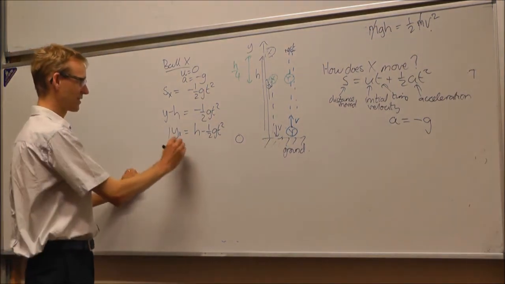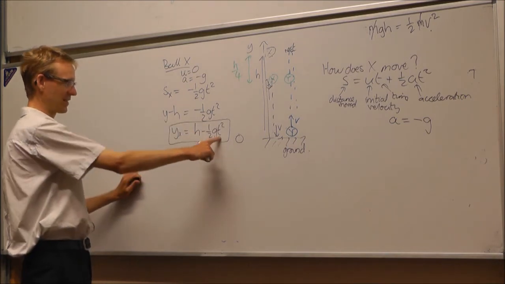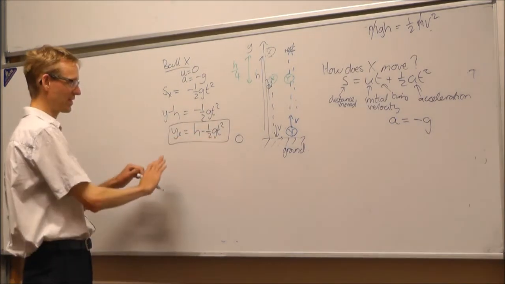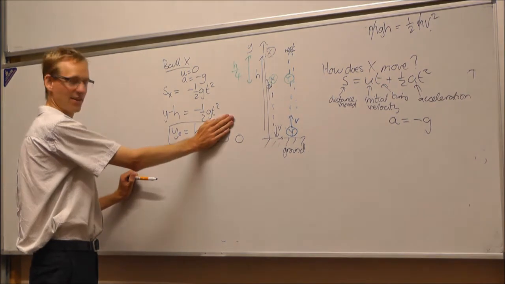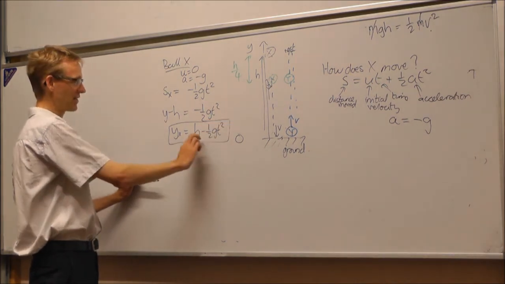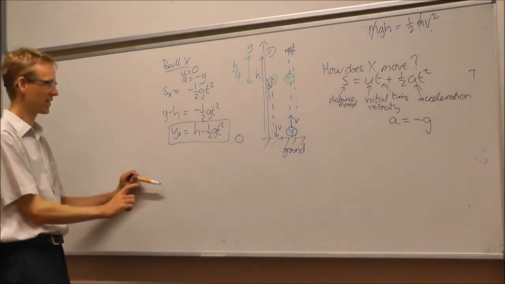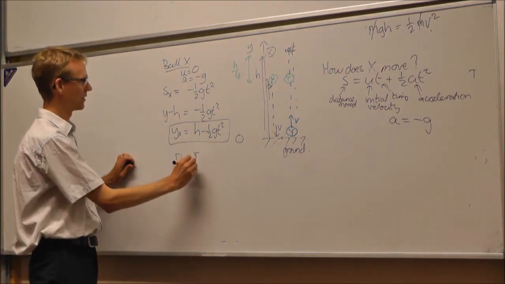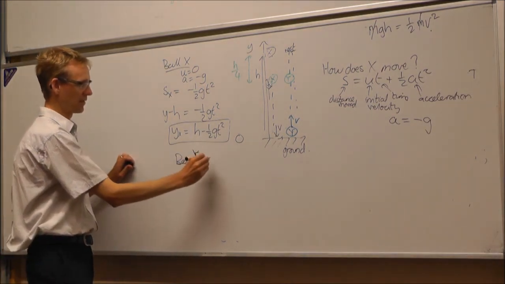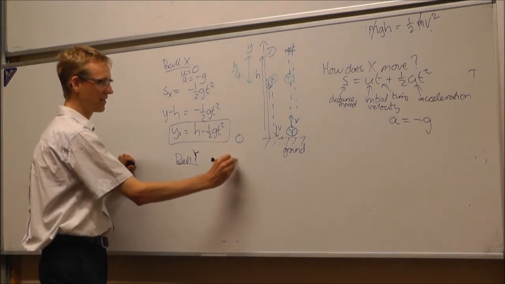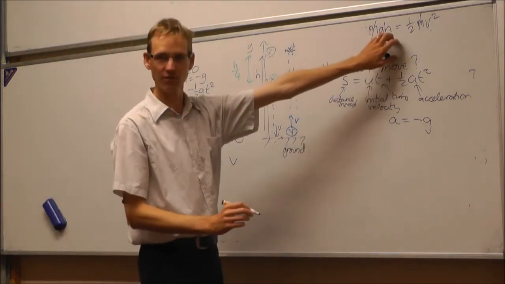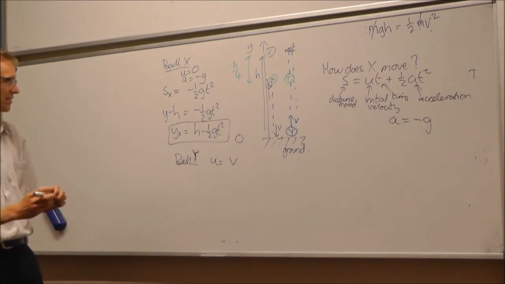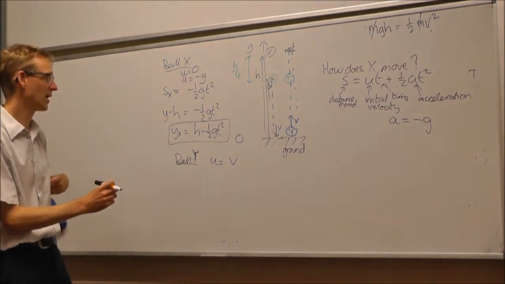Okay, so as we can see, when t equals 0, it's going to start at h. As t increases, this thing is going to go down. So that seems sensible. So ball y, initial velocity is v, which is going to relate to there, but let's just leave it as v at the moment.